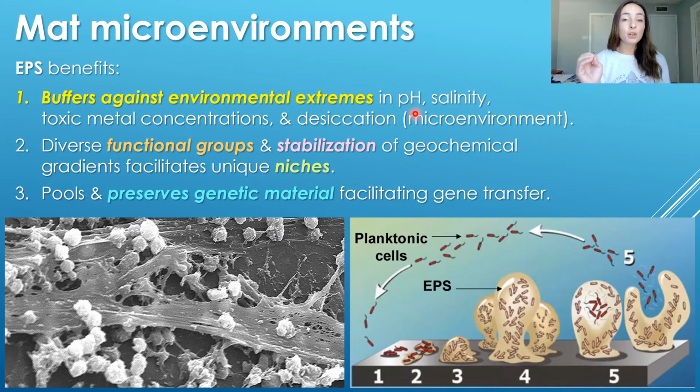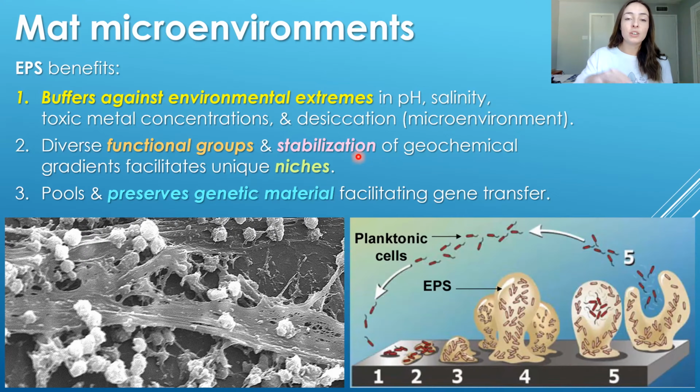But EPS not only protects the bacteria, but also actively provides diverse functional groups so the biofilm can support a wide variety of microbes in a close proximity, and stabilization of geochemical gradients, facilitating unique niches. So this is kind of for the same purpose.